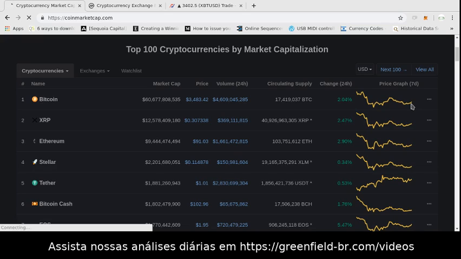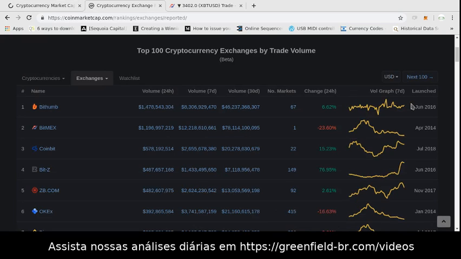Now let's have a look at the volume. Volume is very important. What we see here is Bithumb taking once more the first place in volume in the last 24 hours, with 1.4 billion. What's the normal range of Bithumb? Recently it has been within 1.3 to 1.7 billion.